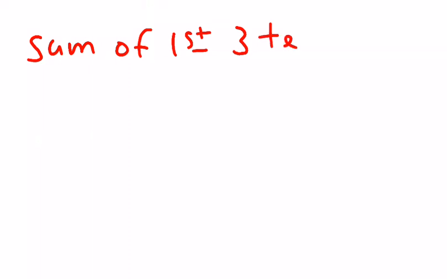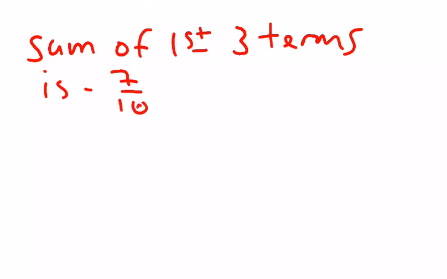Alright, the last example we're going to do is a little bit of a long one, but that's why we're doing it here. So it says the sum of the first 3 terms is -7/10.